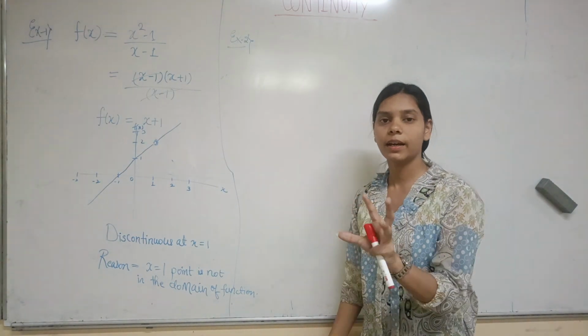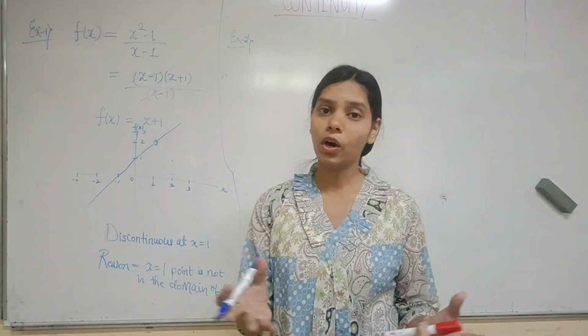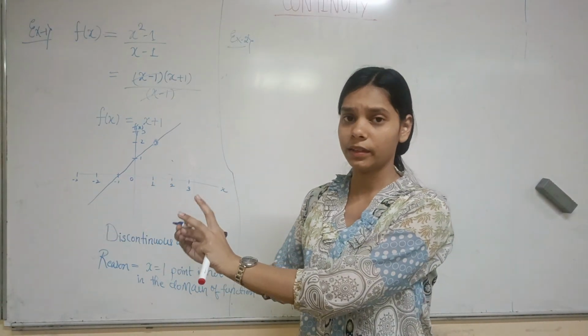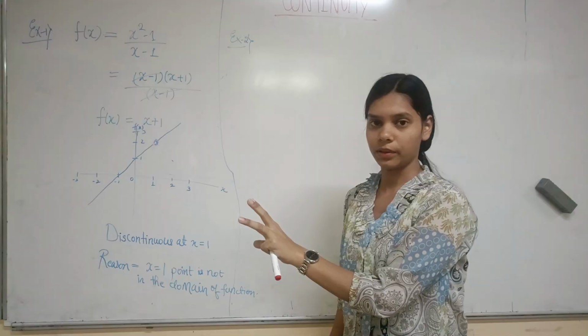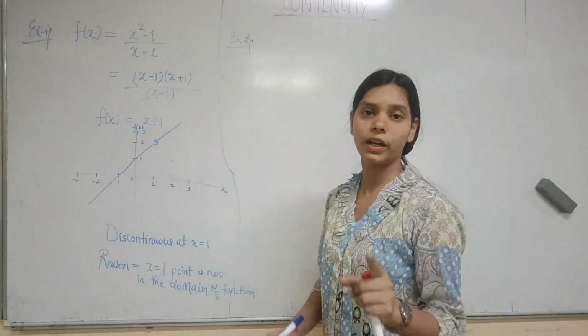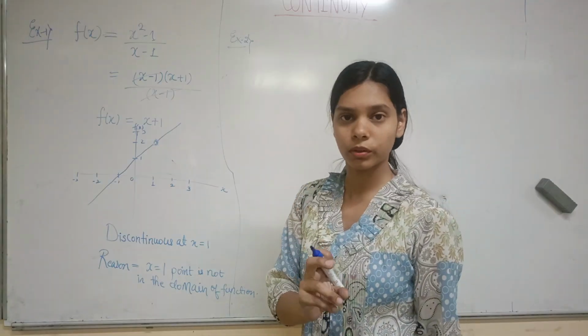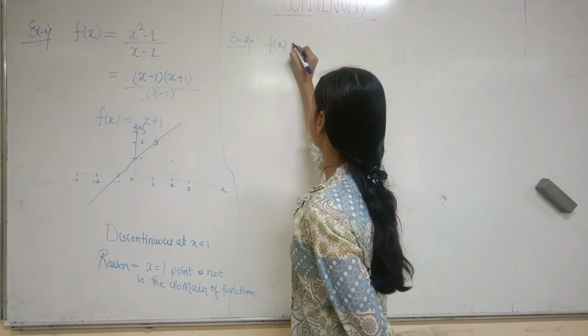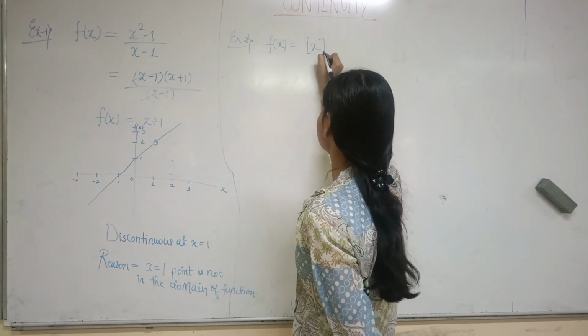Now example 2. Let us take the greatest integer function, and I think you all know how to draw the graph of the greatest integer function, because I already explained it in the limits of functions chapter, right? So every student in this class, draw the graph of the greatest integer function in your notebook, right? Let's draw. f(x) is equal to the greatest integer function.